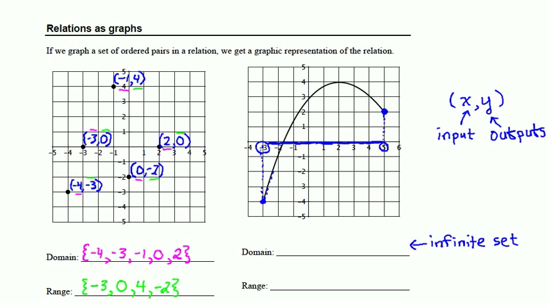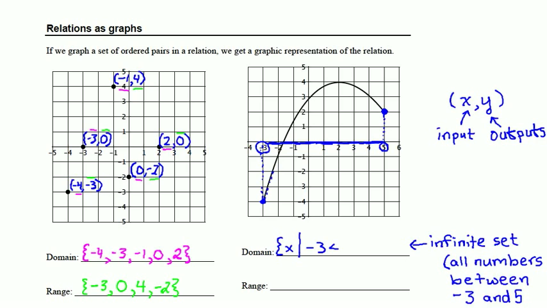So what I want to describe here is some sort of reasonable notation for all values between -3 and 5. There are two ways to do this. One way would be using an inequality statement in set builder notation. We can say the set of all x such that -3 is less than or equal to x, which is less than or equal to 5, and then close off this set notation.